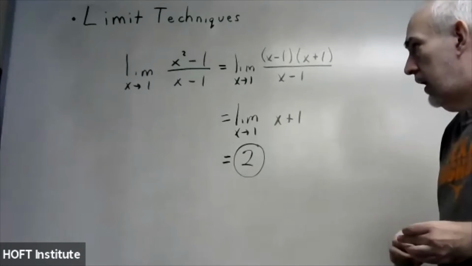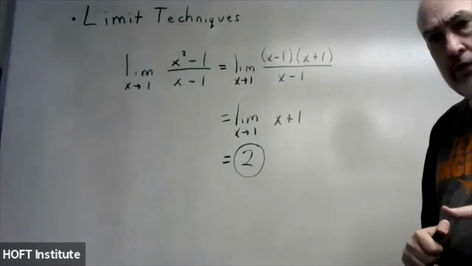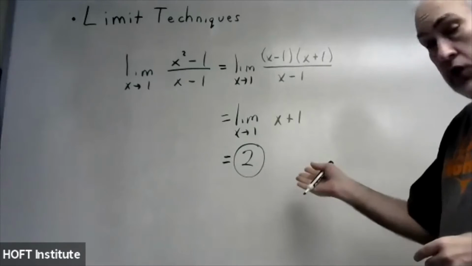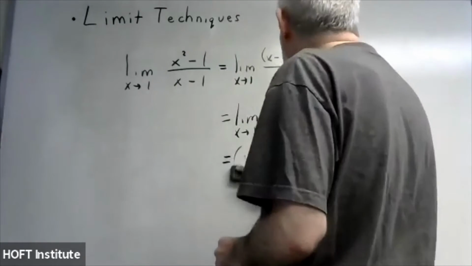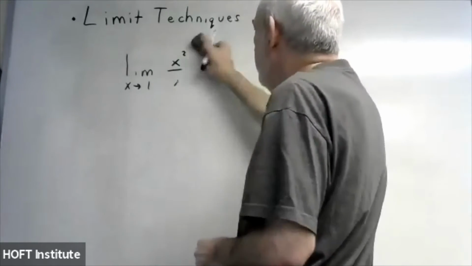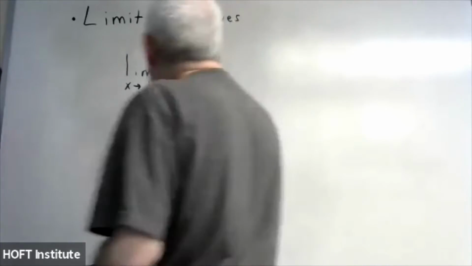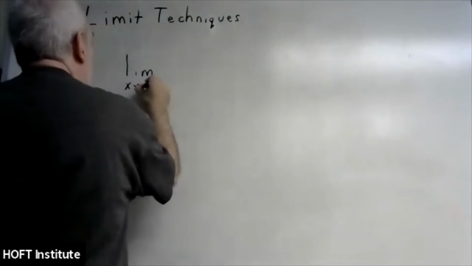Now, there are some things I want to explain. As I've said, 0 over 0 could give you 2, or it could give you some other results. So let's look at another problem. Okay, let's make the limit go to 4 this time.